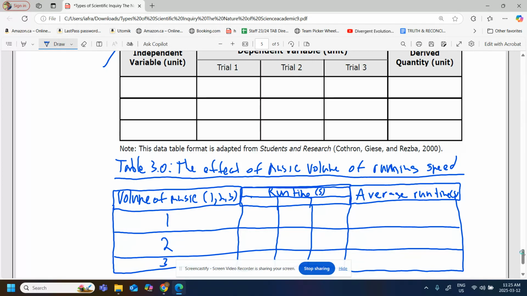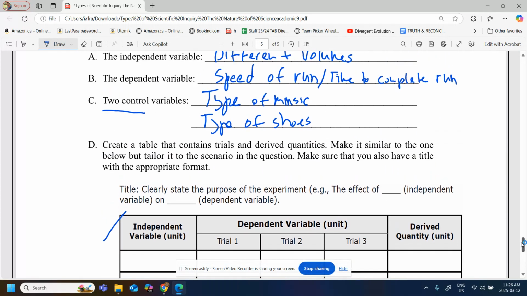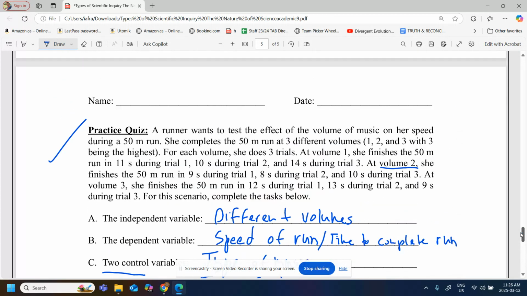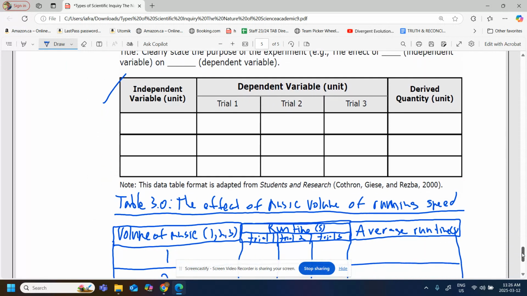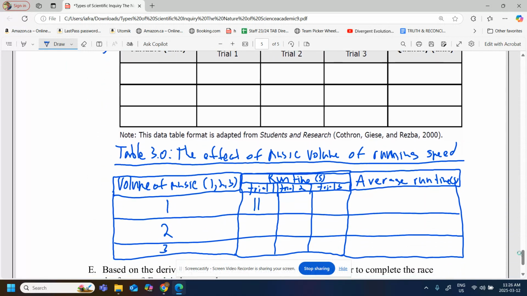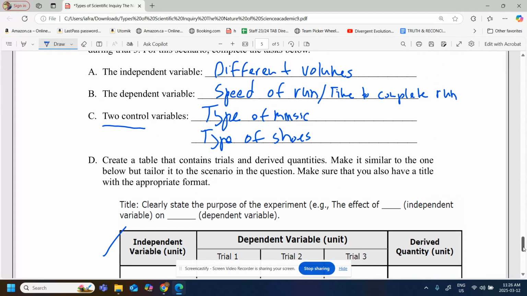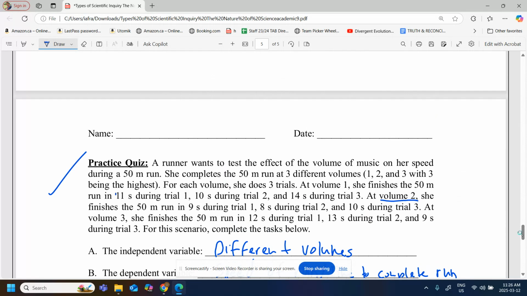And we'll do trial 1, trial 2, and trial 3. So for volume 1, we had 11 seconds, 10 seconds, 14 seconds.